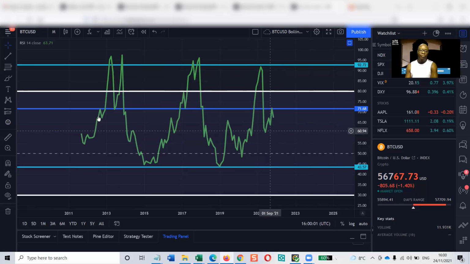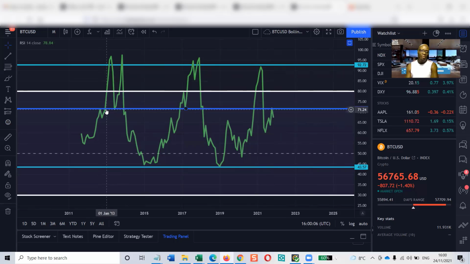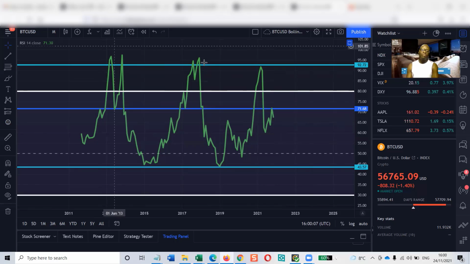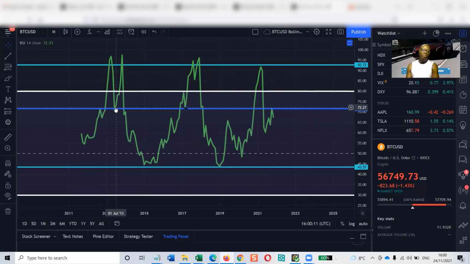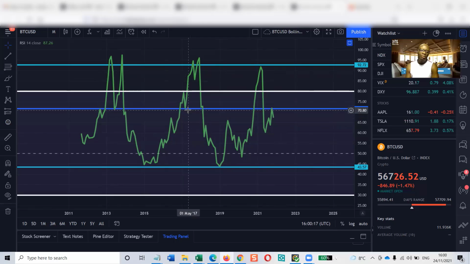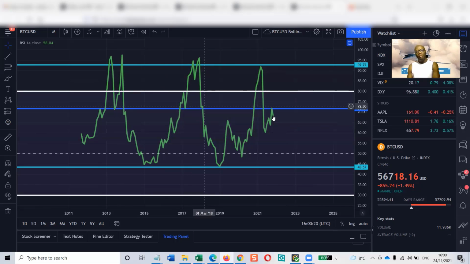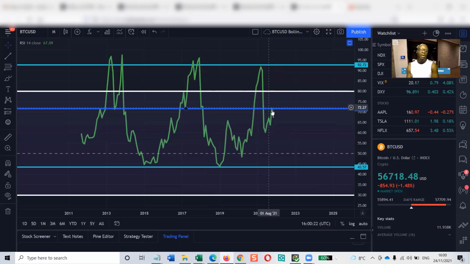Here, it came up to the support level and got rejected, came back up and then passed it. And this was also held as resistance, as well as support. Here it was held as support, here as well, and also here it was held as resistance.